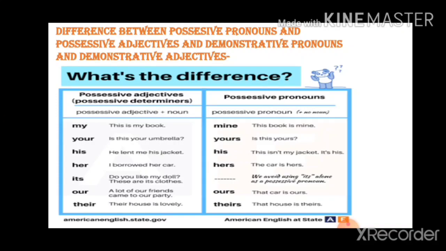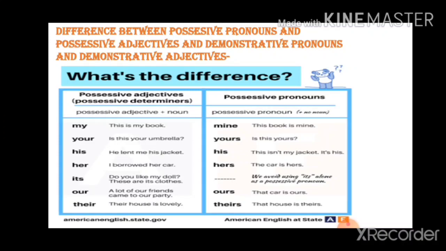After your, there is a noun. Whereas after yours: is this yours? No noun is there. He lent me his jacket. After his, jacket, a noun is there. But in possessive pronoun: this isn't my jacket, it's his. After his, there is no noun.